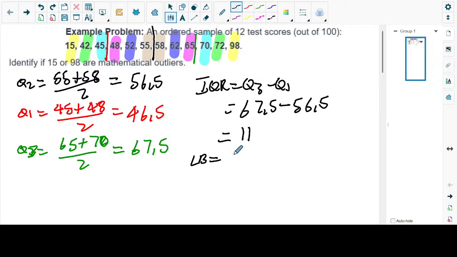Our Q1 is 56.5 minus 1.5 multiplied by 11. The 11 is the IQR. Let me check what the lower bound is going to be.